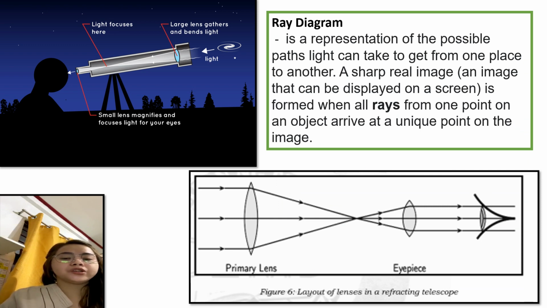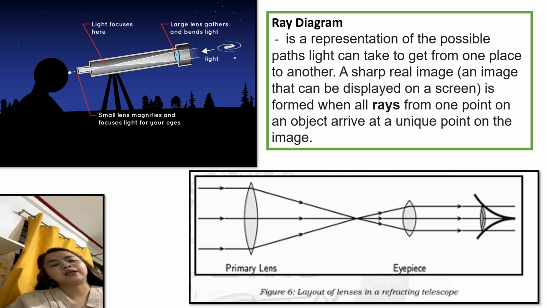The image that you are seeing right now is what we call the ray diagram. To elaborate further on the importance of the telescope and microscope, a ray diagram is a representation of the possible paths light can take to get from one place to another.